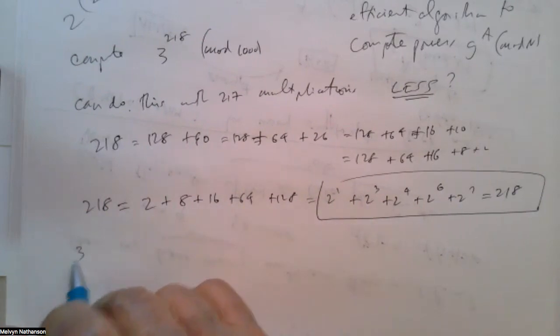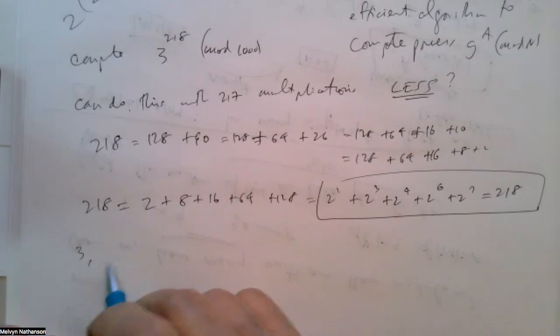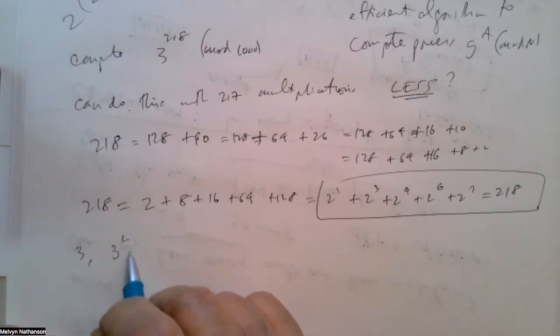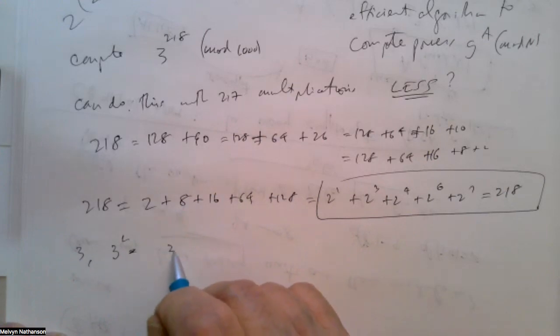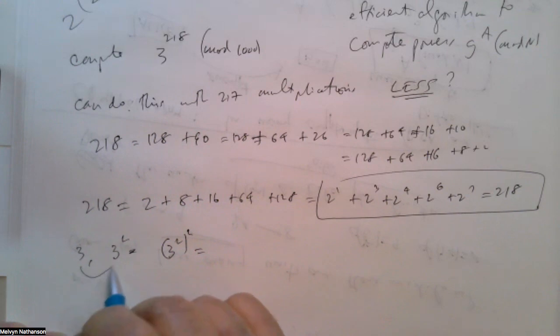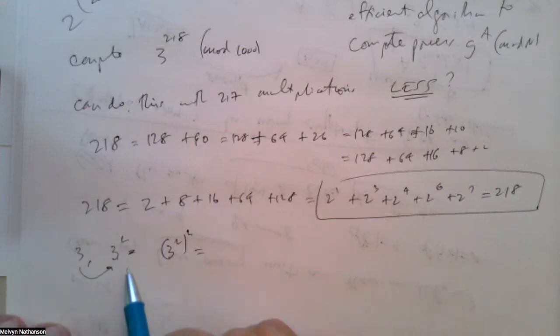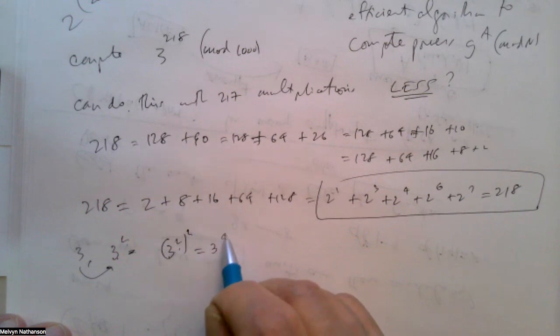So 3, of course, is 3. 3 squared, that's 9. I know what 3 squared is. Suppose I take 3 squared and I square it. So to get from 3 to 3 squared, that's 3 times 3, and that's 1 multiplication. To get from 3 squared to the next, I'm just multiplying this number by itself. This is 3 to the fourth.